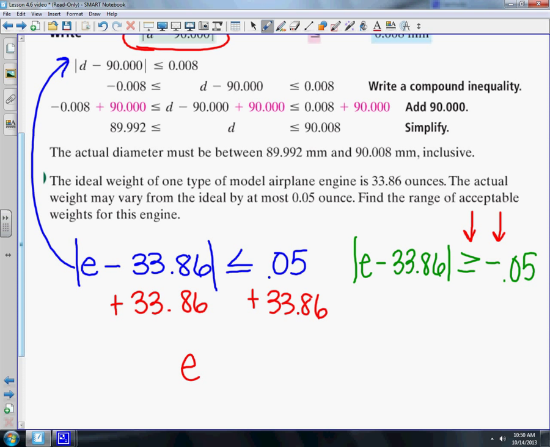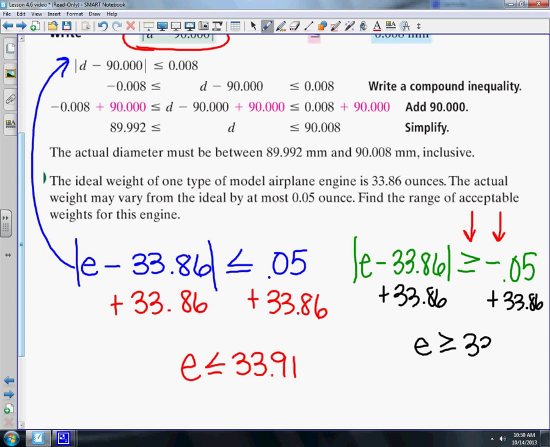So my engine for the first one has to be less than or equal to 33.91. And then for the second one, I am going to add 33.86 to both sides, and that's a negative 0.05. So E has to be greater than or equal to 33.81.